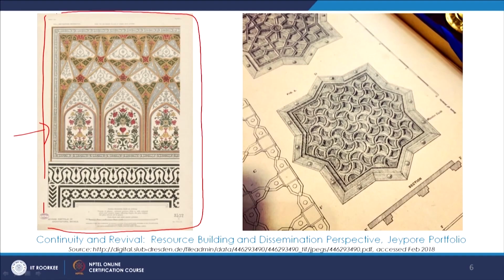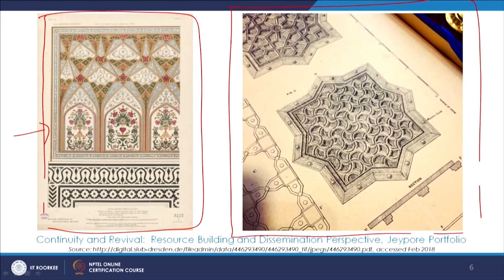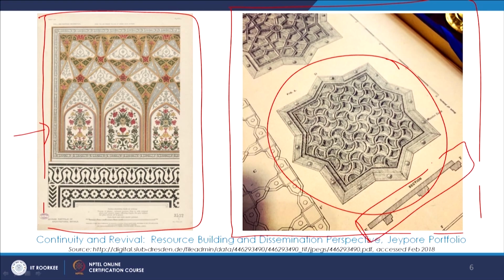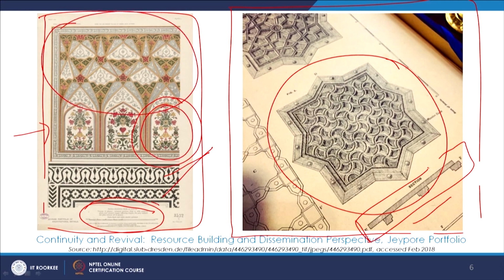But then if we begin now documenting them and creating this repository, it's going to be a very good rich resource. So here what we see is an amazing piece of resource building and dissemination, and we see the sort of intricate details, and there is also plan, and there is also everything on scale, and here one could read all the details, the motifs and the elaborate zoom in details, what are the motifs and what is the geometry that is seen over here and what is the scale.